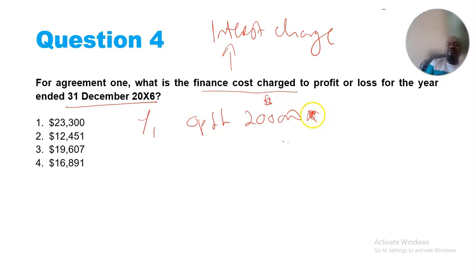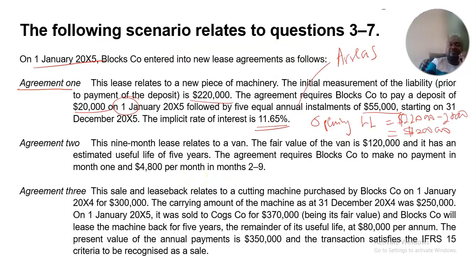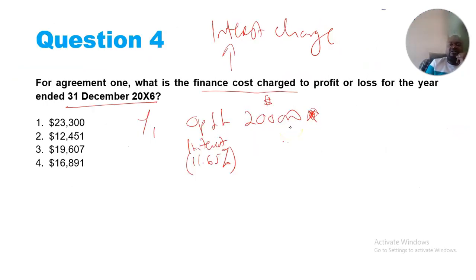Let us just do it vertically. The interest is at 11.65%. I'm sure you saw this. So we multiply by the lease liability and we get how much?